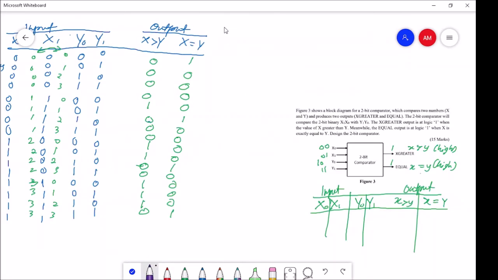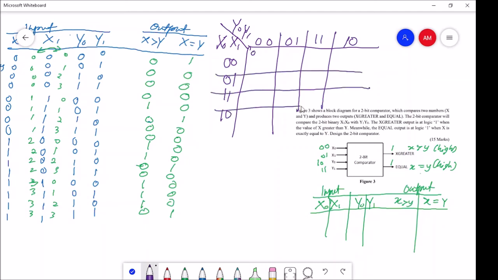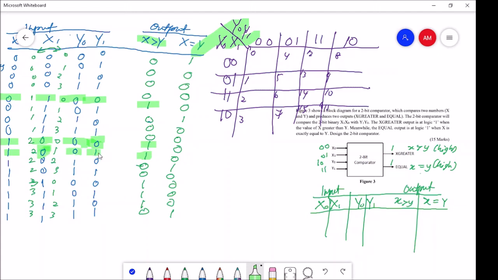Next, we are going to draw the K-map. K-map for X is greater than Y. So I highlight the output value.